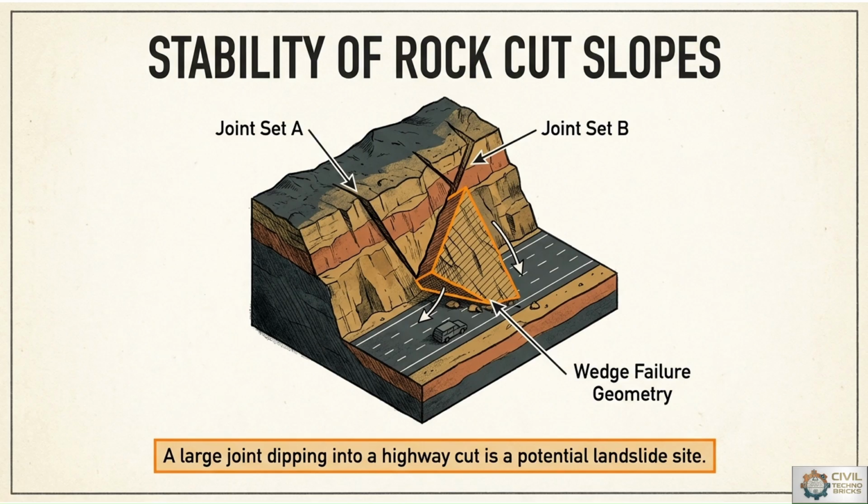So temperature aggravates the instability between the rock layers, and rainfall plays the role of aggravating those rock cracks, so that the slope slides down with reference to gravity on or near the earth surface. A large joint dipping into a highway cut is a potential landslide site or location.